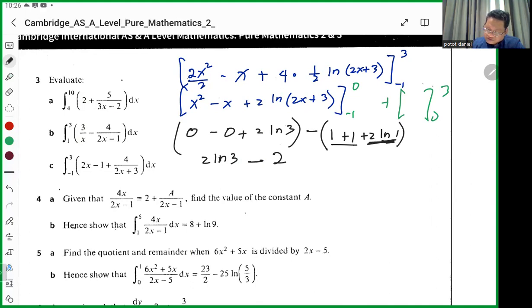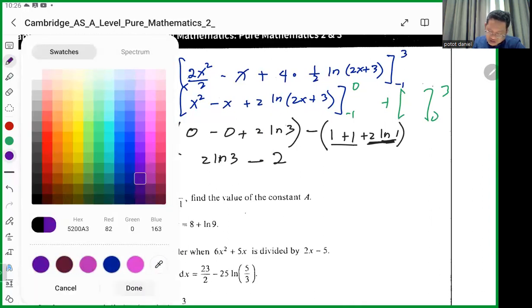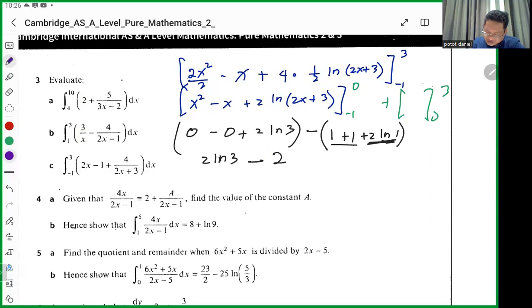Now let's plug in from 0 to 3. Oh, it appears that we can just substitute directly. Hold on. So what we're going to do now is plug in the 3. I will use another color. So you have 3 squared, that is 9, minus 3, plus 2 ln of 6 plus 3, which is 9.